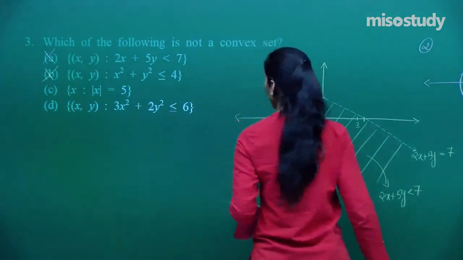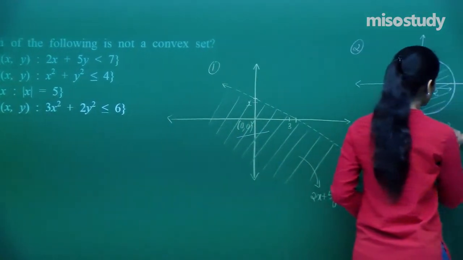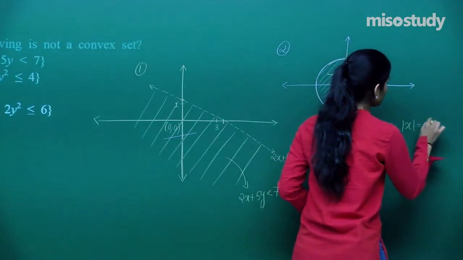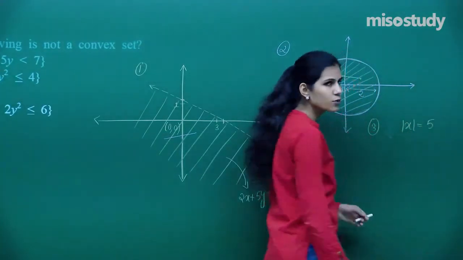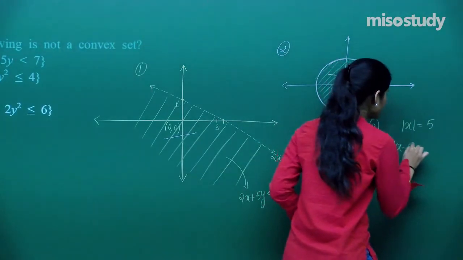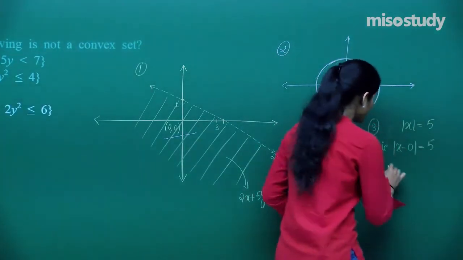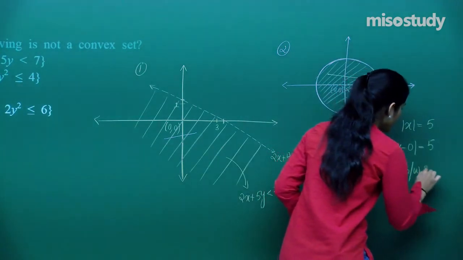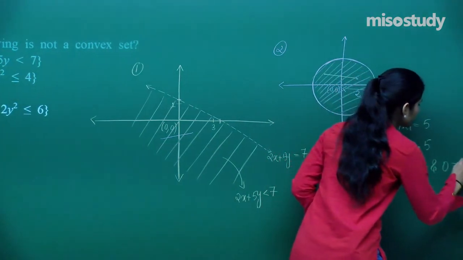All those x such that mod x is equal to 5. Mod x equals 5 means what? I can rewrite this as mod of x minus 0 equals 5. That means the distance between x and 0 is 5.